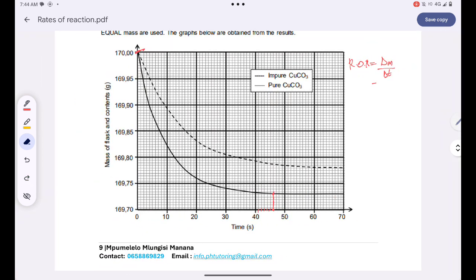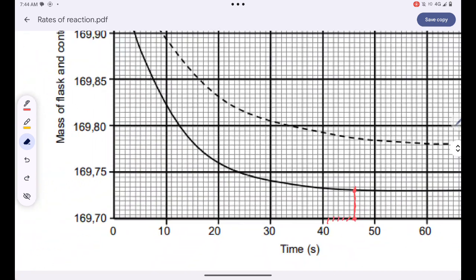Now I want to know what the mass of the pure sample is exactly at 20 seconds. I just need to find the corresponding value over there. Between these two numbers, I have 10 lines. I want to know what each line represents.